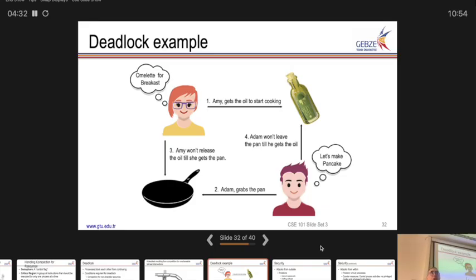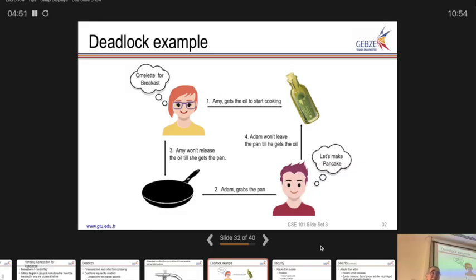If both are free, the operating system will mark them as busy. Then give olive oil, then give pan after a while.